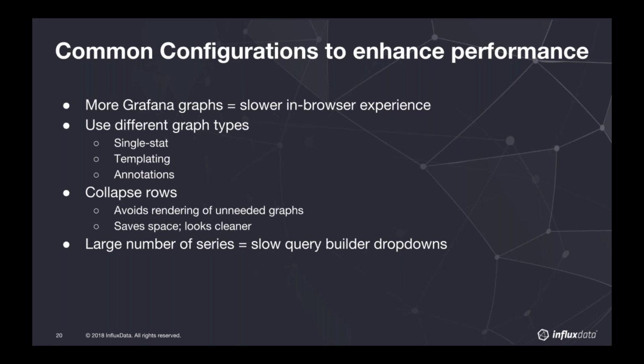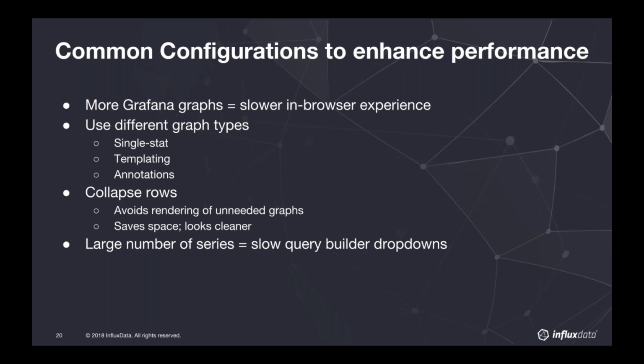And similarly, with the annotations, you should also be careful there. And in general, we recommend not returning too many time series to be plotted, because currently the browser gets a bit slower when it needs to render a lot of legend items, and we're working on addressing this.